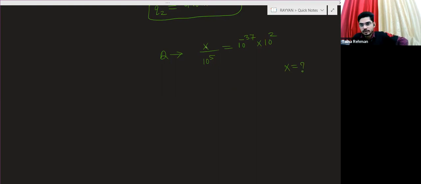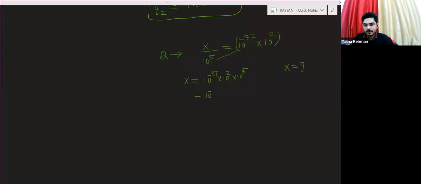So this is written now, you can multiply this 10 to the power 5 with this whole thing. So this x will become 10 to the power minus 37 multiplied by 10 to the power 2 multiplied by 10 to the power 5. Now positive power we will add. This is 10 to the power 2, this is 10 to the power 5.